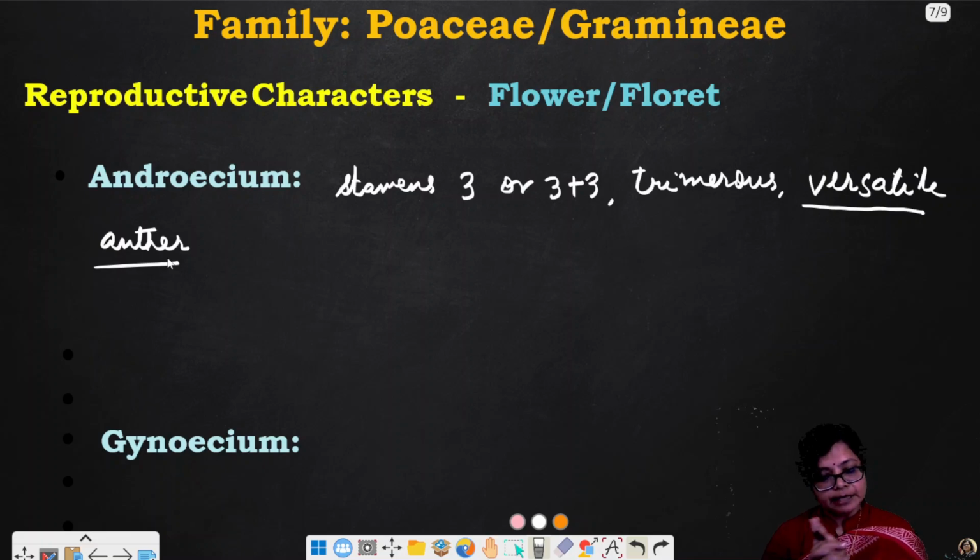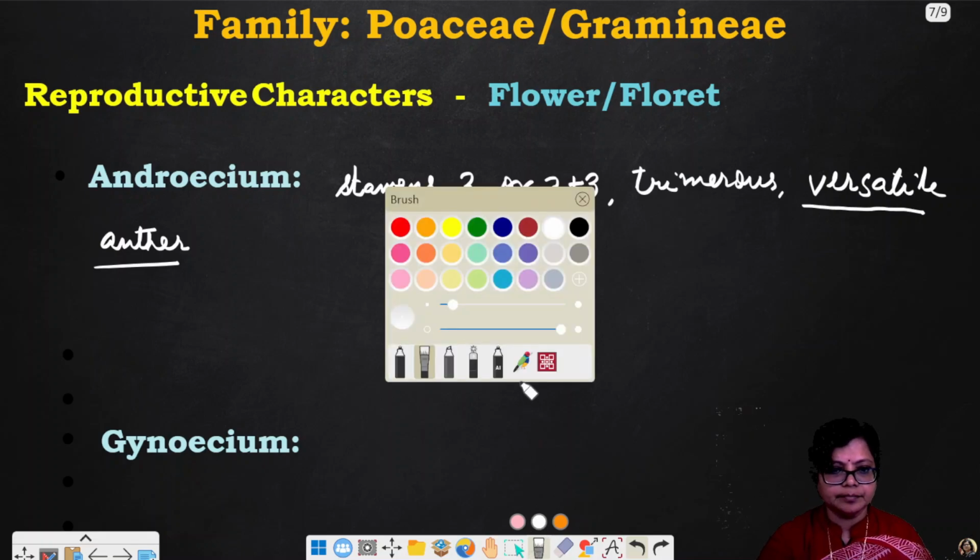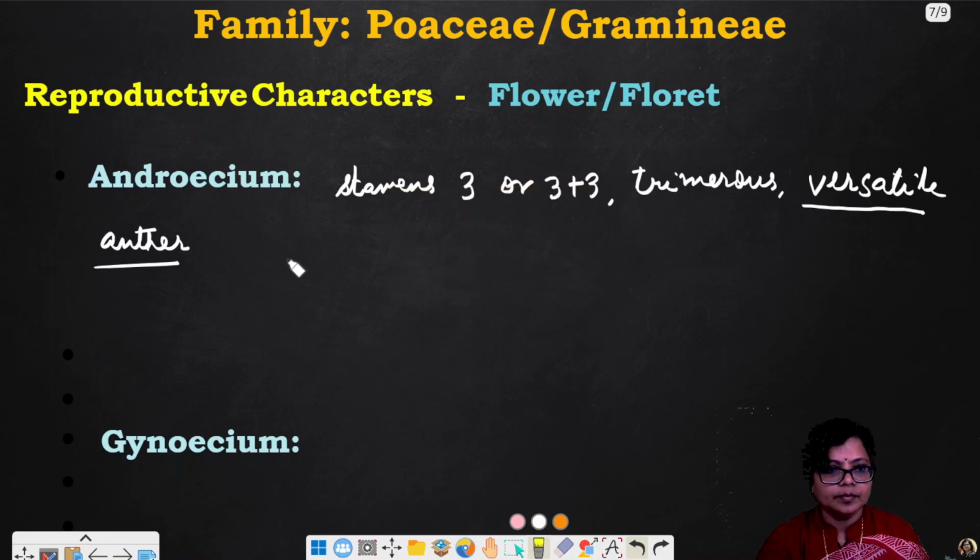So it helps in pollination by air. So if I draw the diagram, then it will look like this.